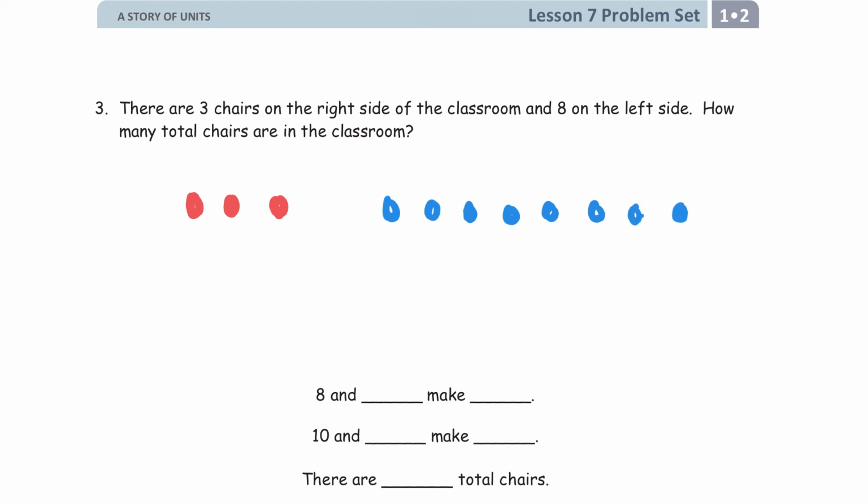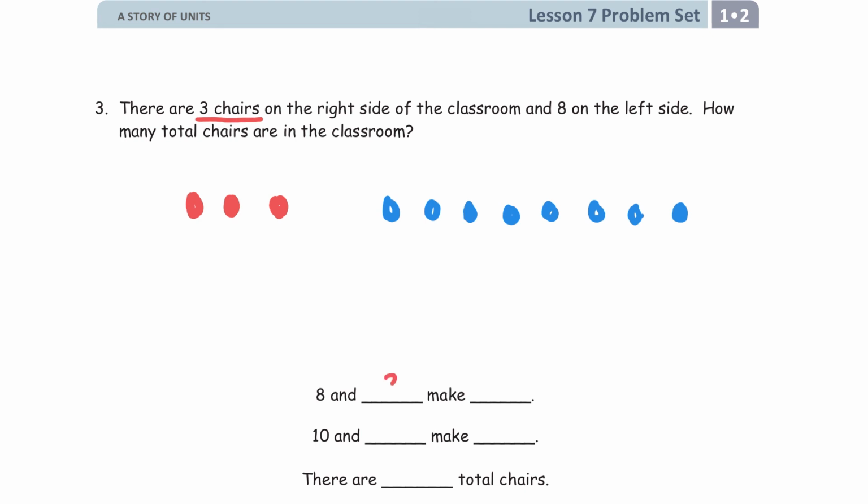All right, so boys and girls, you're going to be setting this up the same way as you did before. You're going to be making your group of 10. So you need to circle 10 out of this group and then solve it. 8 and make. So we already know 8 and, what's the other number we're adding in? Yeah, 3. So here's our 3 chairs.